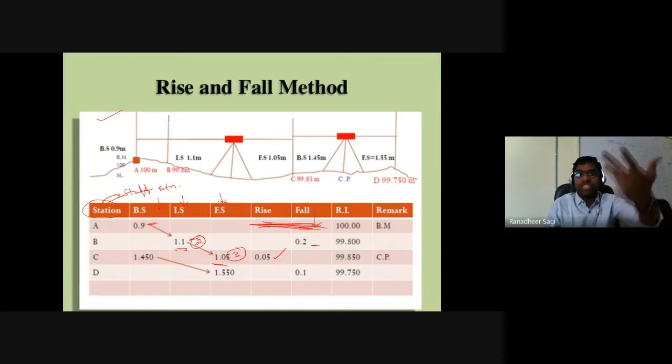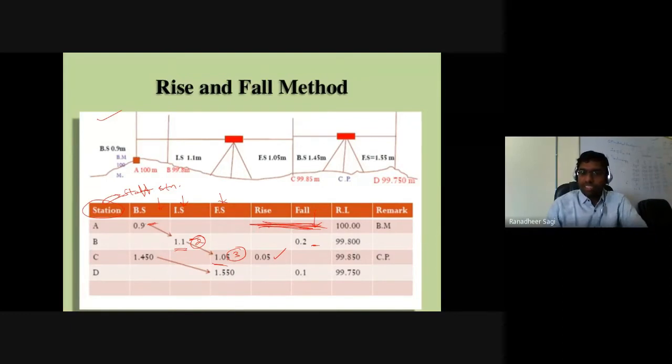There is a change in the instrument station. Once there is a change in the instrument station, after shifting the instrument, the data you collect is the backside at point C and immediately the subsequent foresight at another point.